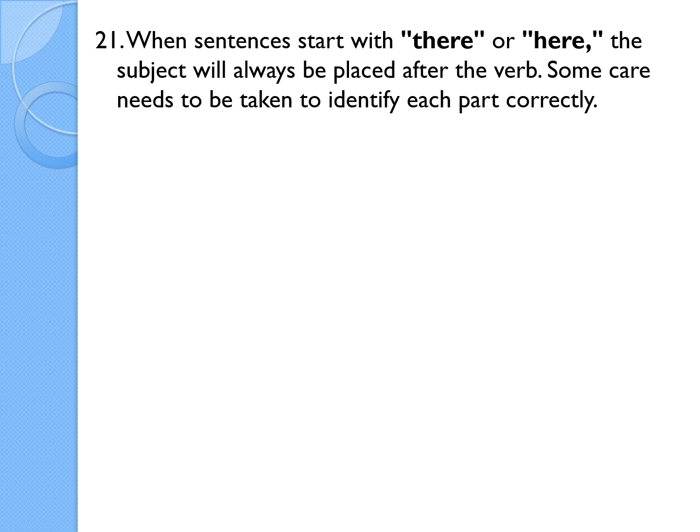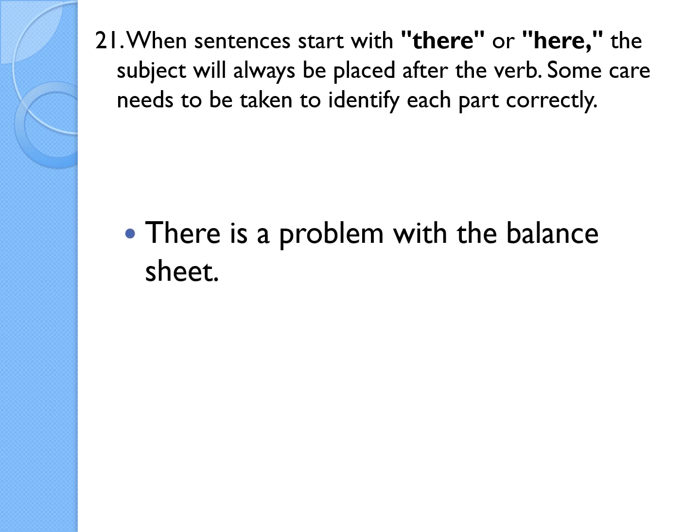When sentences start with there or here, the subject will always be placed after the verb. Some care needs to be taken to identify each part correctly. Example: There is a problem with the balance sheet. So there is used and the subject is after the verb, and that is problem.